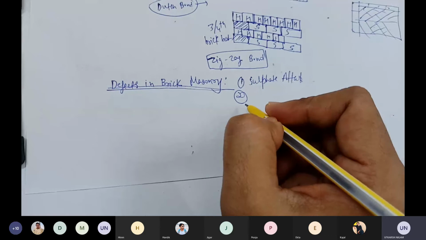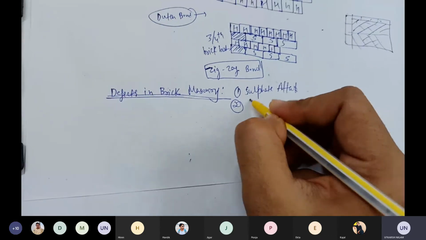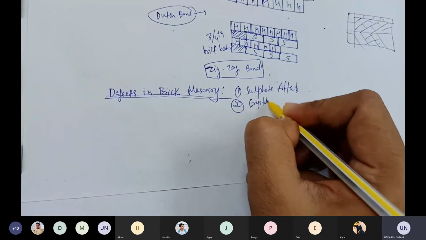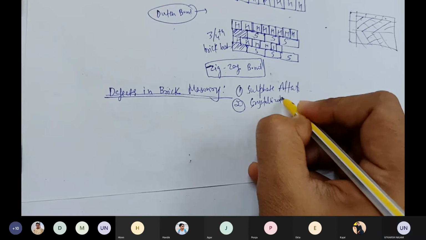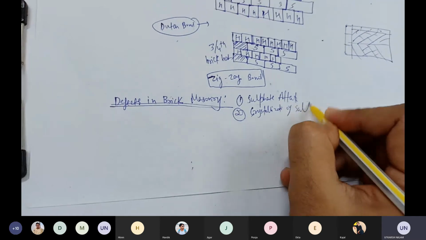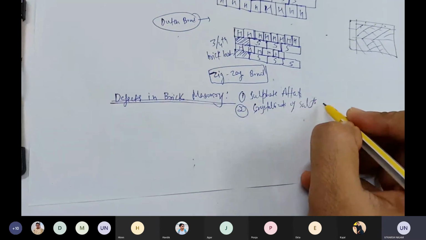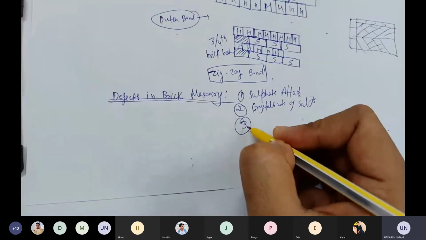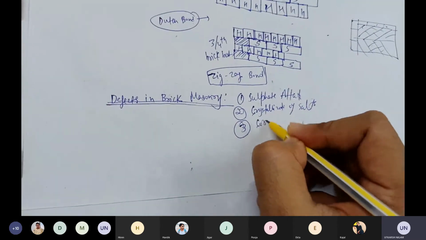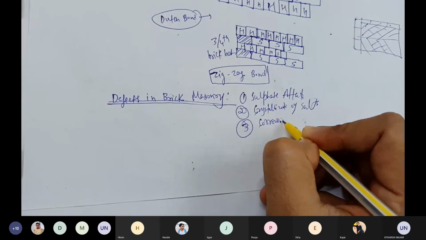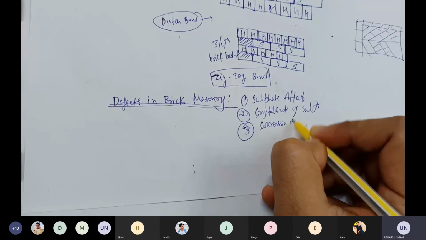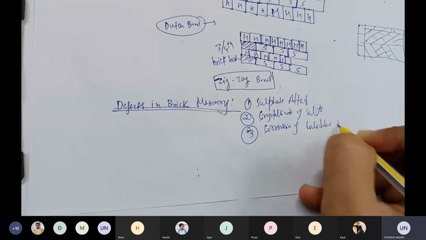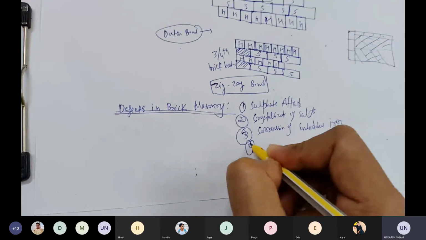Sulfate attack may be there, and crystallization of salts. In bricks, it is earthen material only, so crystallization may be there. Then corrosion of embedded iron, if it is present.